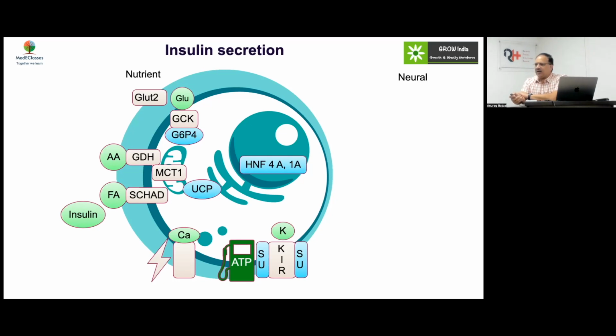Now, if you have more of some amino acids like leucine in individuals who have activating GDH mutation, if you take a lot of this leucine, what will happen, Vani? You will have hypoglycemia, because if you take more of it, you will have more insulin secretion.